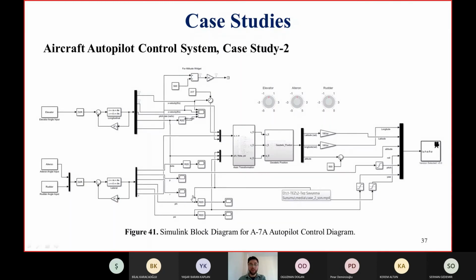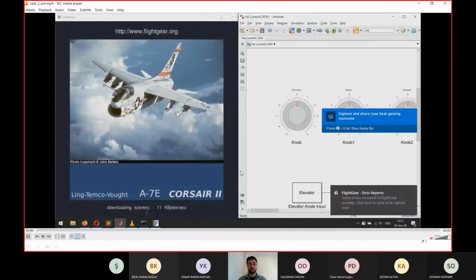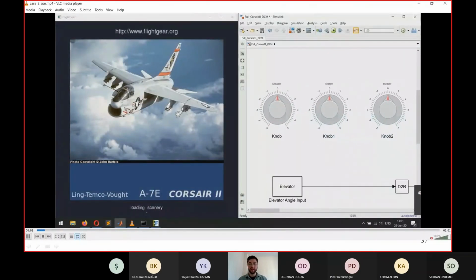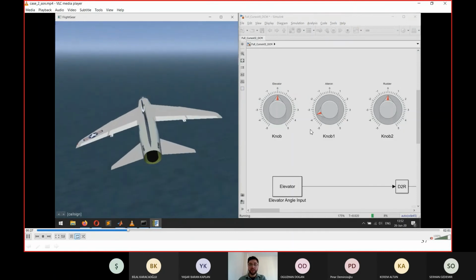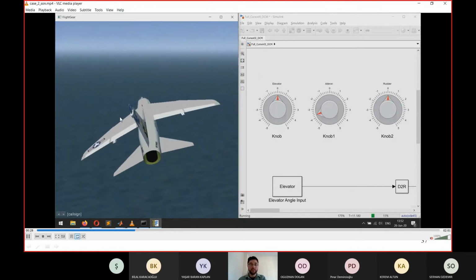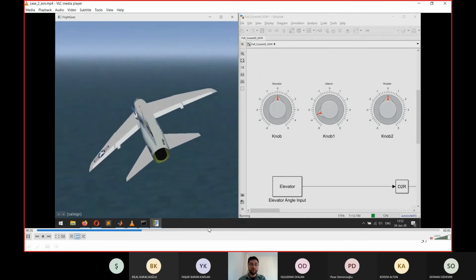And this is my complete block diagram for my simulation. I also have a small video for this simulation. I have 3 inputs: elevator, aileron, and rudder. As you see, when I give the command, the aircraft follows quite well.